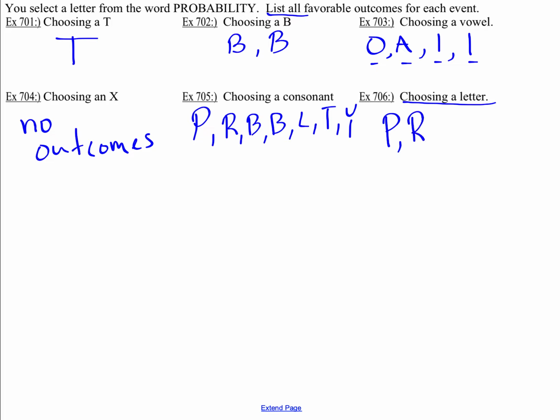So it includes P, R, O, B, A, B, I, L, I, T, and Y. Every letter in the word probability. And the total number of favorable outcomes would just be however many there are. What is that, 11 of them?